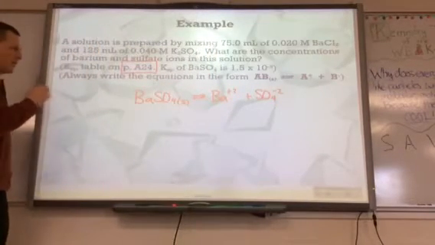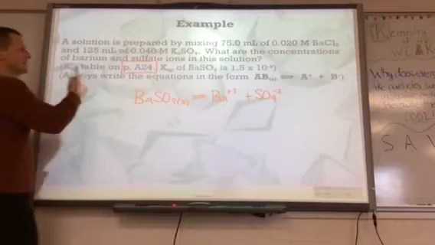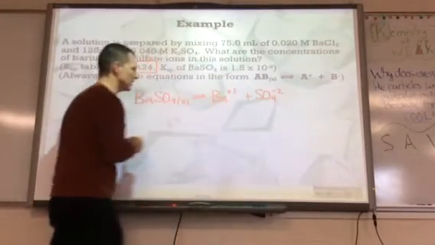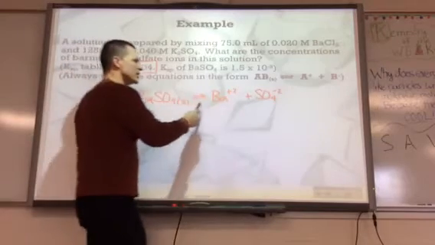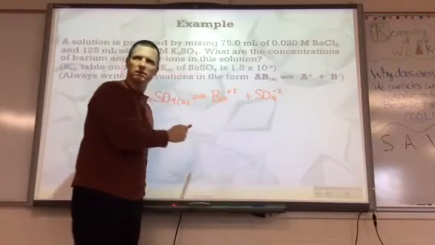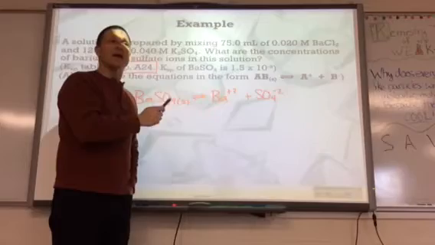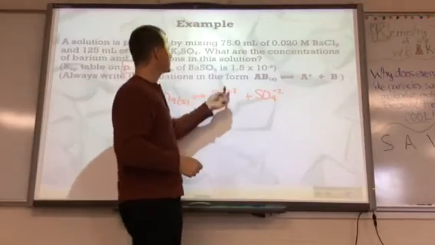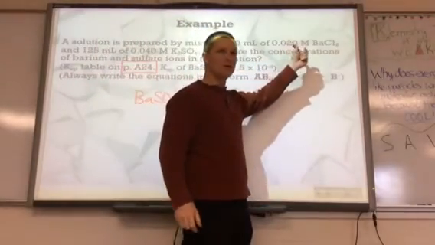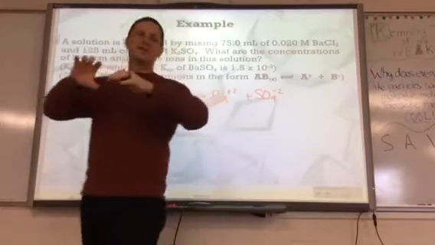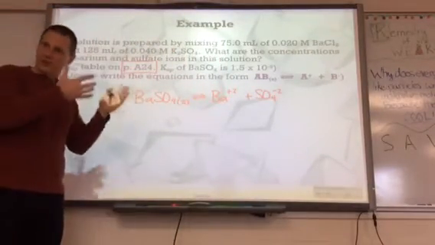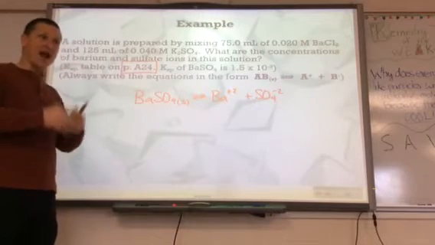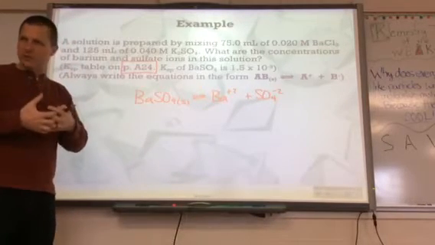Okay, so we start with this. Of course, the K is given to you. K is right there for this dissociation reaction. What are the initial concentrations of barium and sulfate? Now, you're tempted to say, oh, the initial concentration of barium is 0.02. No, because two solutions got mixed together. Therefore, we have to use the dilution formula and figure out what the initial concentrations are after they're diluted, mixed with the other solution.